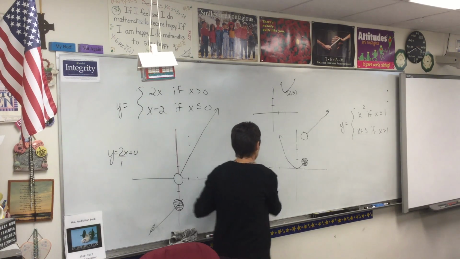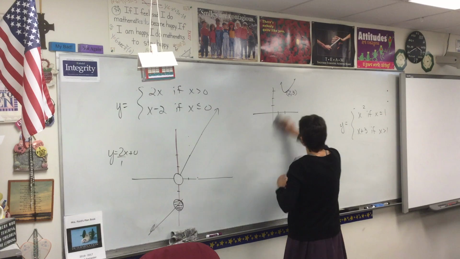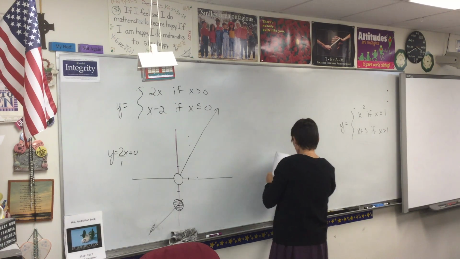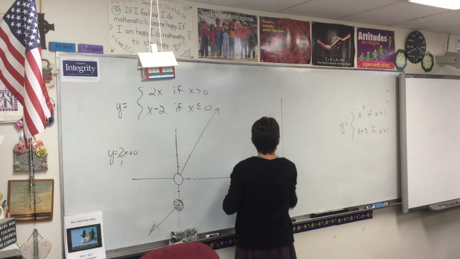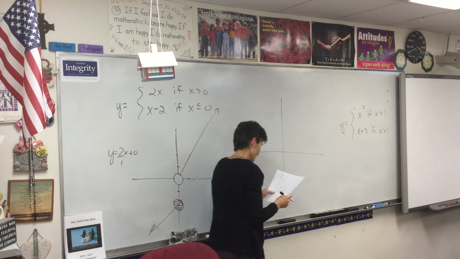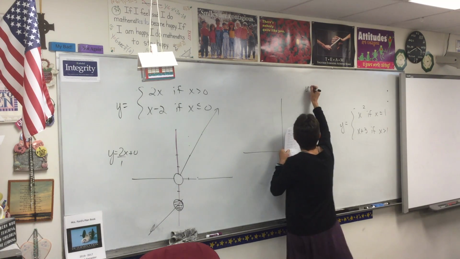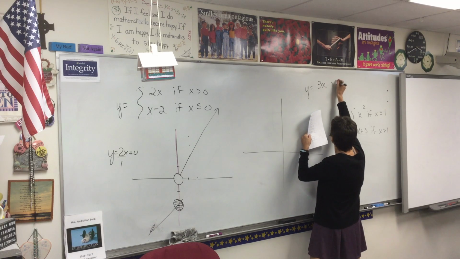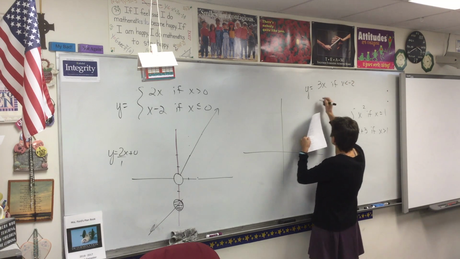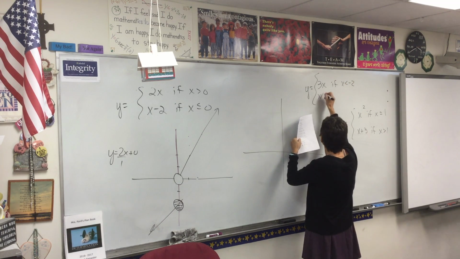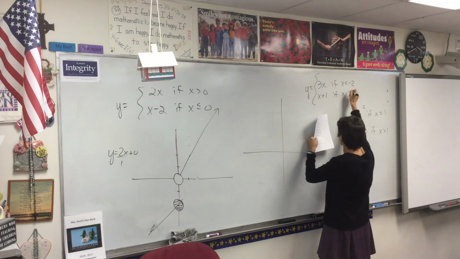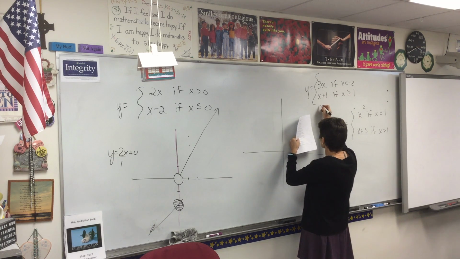Now, the last piecewise here is a little bit trickier because it has two dividing lines. Don't get freaked out. We're going to have a dividing line at -2 and a dividing line at 1.